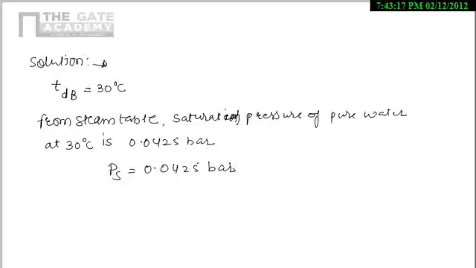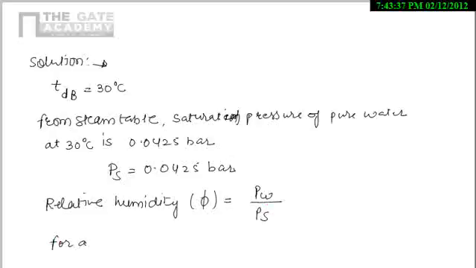We know the relative humidity is nothing but PW divided by PS. So relative humidity phi equals PW by PS. For atmospheric air, phi equals 55%, that is 0.55.